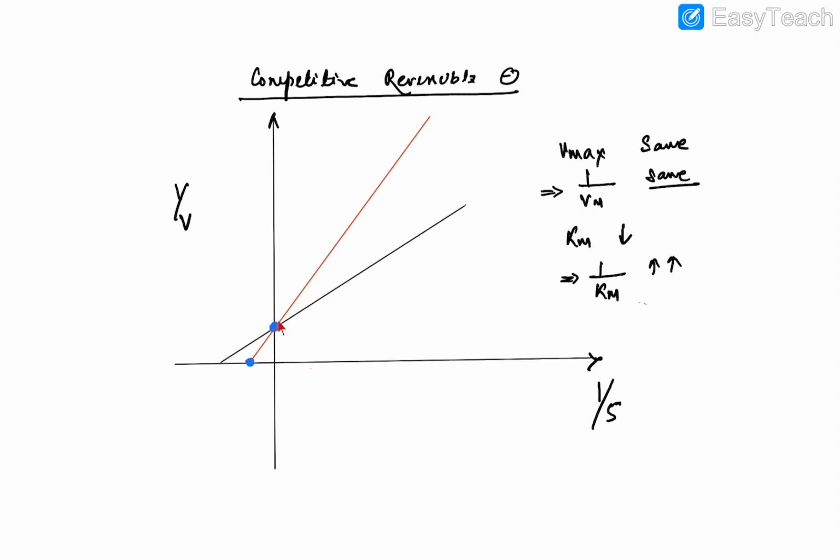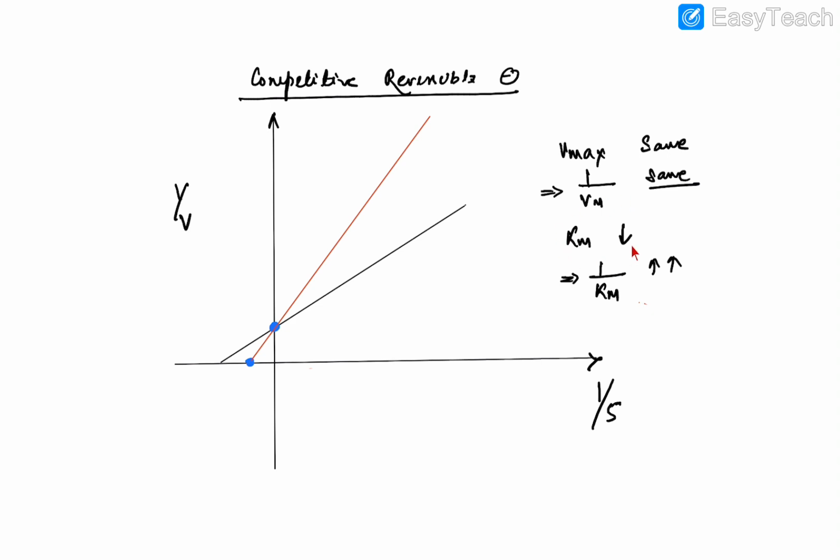So our point of 1 by Vmax is the same. Just as in the previous curve, this particular black line is when there is only the substrate and no inhibitor present. So if this is the Vmax, we have already discussed the Vmax is going to remain the same. So even in the presence of the inhibitor, the Vmax will be this point.